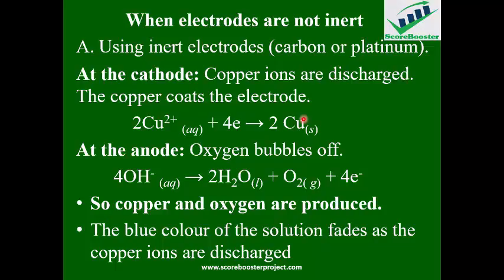So there's going to be a time that we don't have copper again, then everything disappears. You don't have blue solution again. What we just have is the hydrogen ions inside and the solvent, and that is colorless. H2SO4, tetraoxosulfate 6 acid. That is when the electrodes are inert.